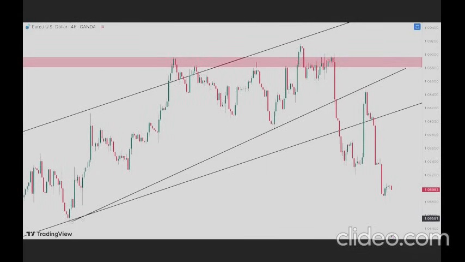This is the first point and this second point. This way of doing trend line is considering several aspects.